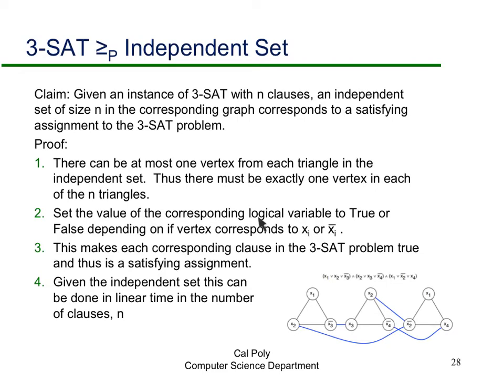Set the value of the corresponding logical variable to true or false, depending on if the vertex corresponds to an xi or an xi bar. This makes each corresponding clause in the 3SAT problem true, and thus is a satisfying assignment for the entire expression. Given the independent set, this can be done in linear time in the number of clauses n.